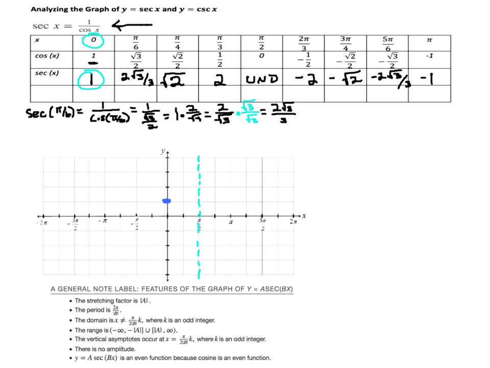Since it's the reciprocal function of cosine, I'm going to graph the cosine on here. I'll do it in a light pink color. Cosine starts at 0, 1, and it coasts down through pi over 2. It hits its bottom at pi at negative 1, comes back up, and at 2 pi, it's back up to positive 1.